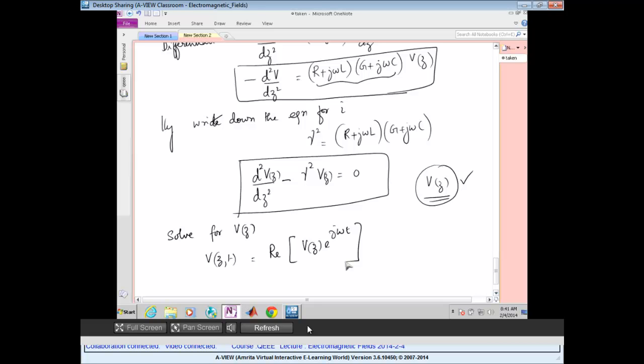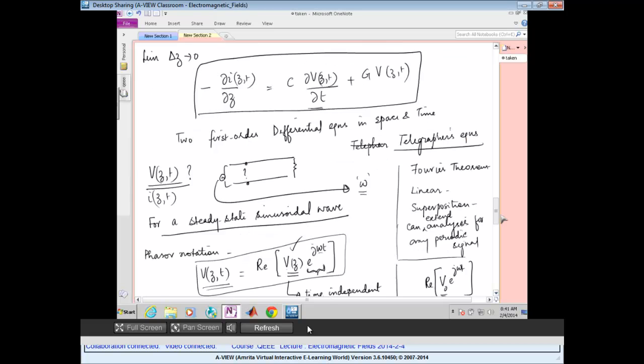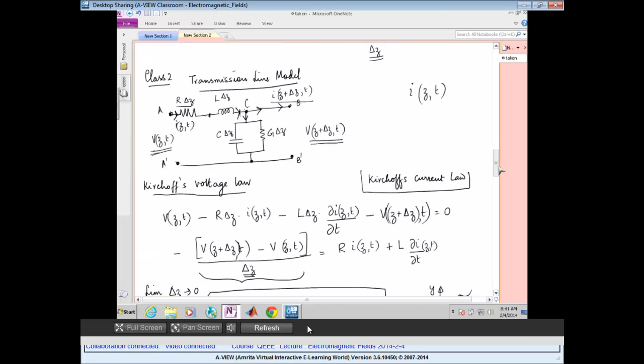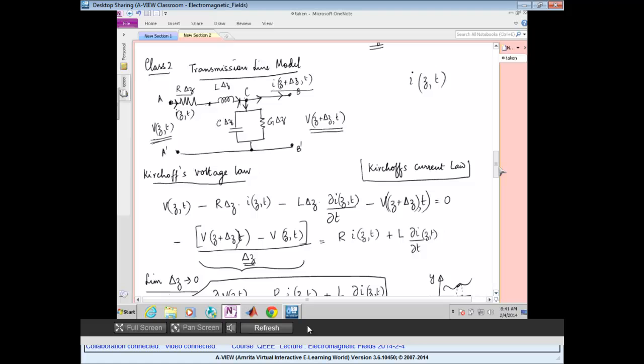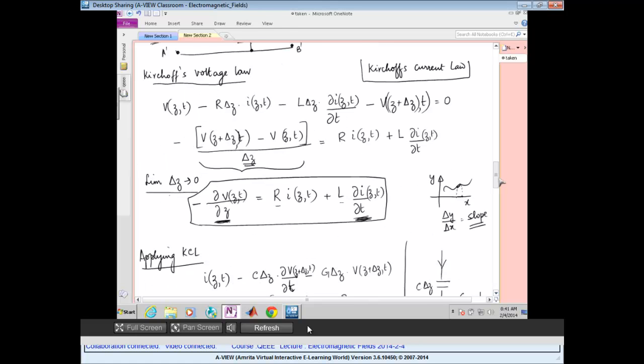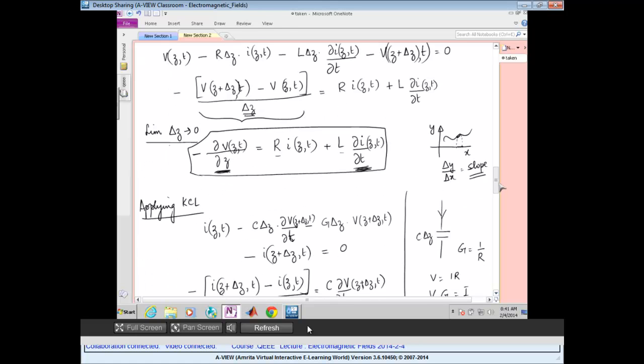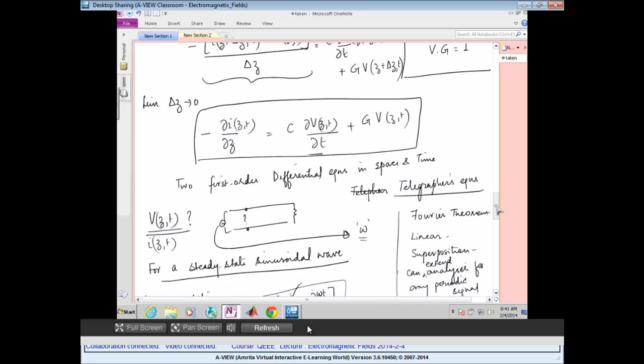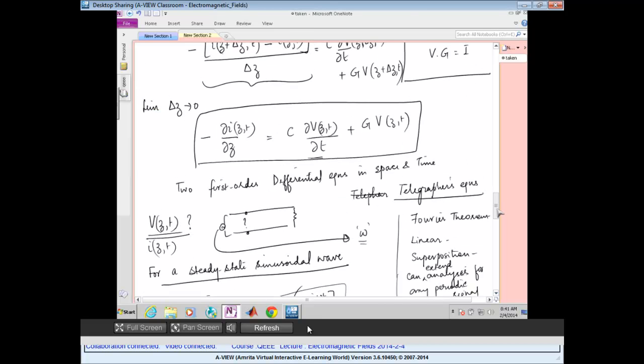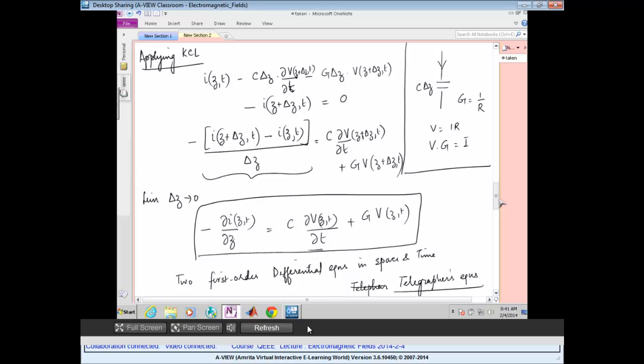At this point I will open the session to questions. But before we open, I will quickly summarize what we did today. We started with the resistor, capacitor, inductor, conductance model. We applied Kirchhoff's laws, voltage law and the current law. We ended up with the telegrapher's equation, but the telegrapher's equation we derived first is a little complicated in the sense that it had variations with respect to space and time.